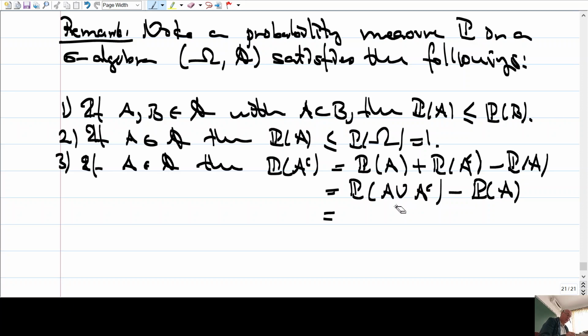A union A complement is omega, and the measure of omega is just 1. Therefore, we have this. So measure of the complement is just 1 minus the measure of A. Okay.